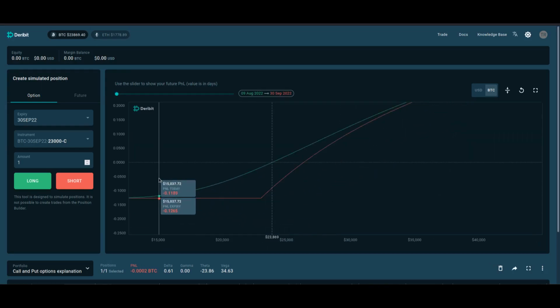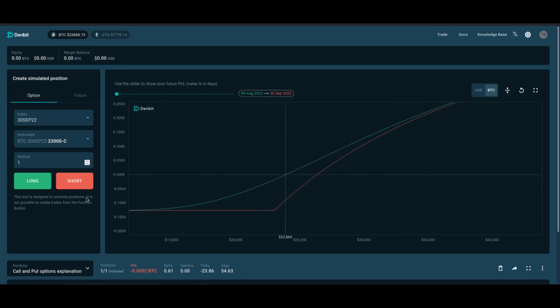So this position is a pure bought call position, and we basically take a long position in the underlying asset. The underlying asset is BTC.